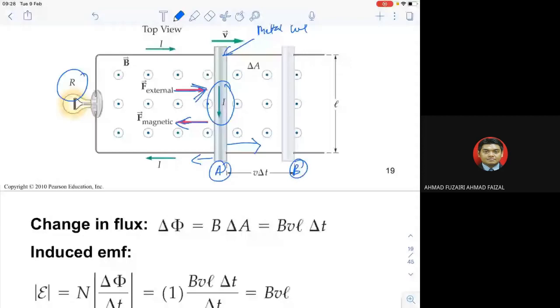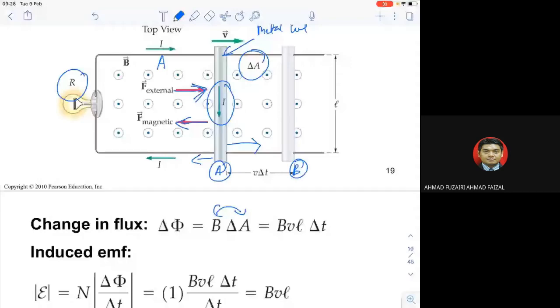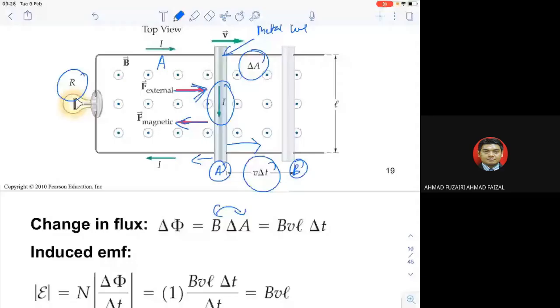The change of flux is B times delta A, where let's say this is A and this is delta A. The initial area has now changed. So the area comes with V delta T times L. VL times delta T is considered to be the area A.